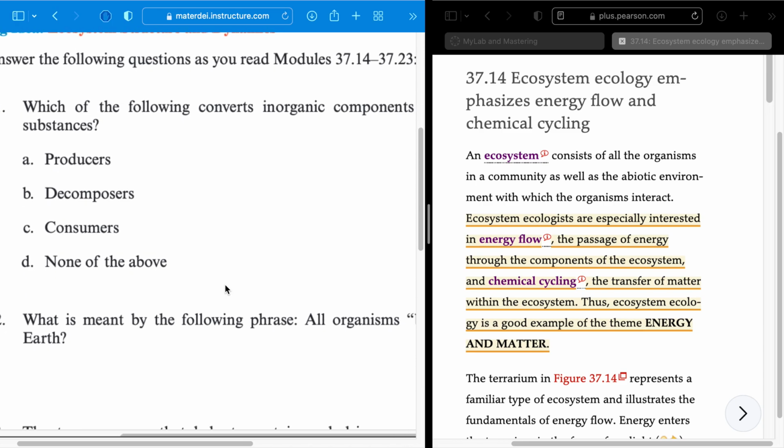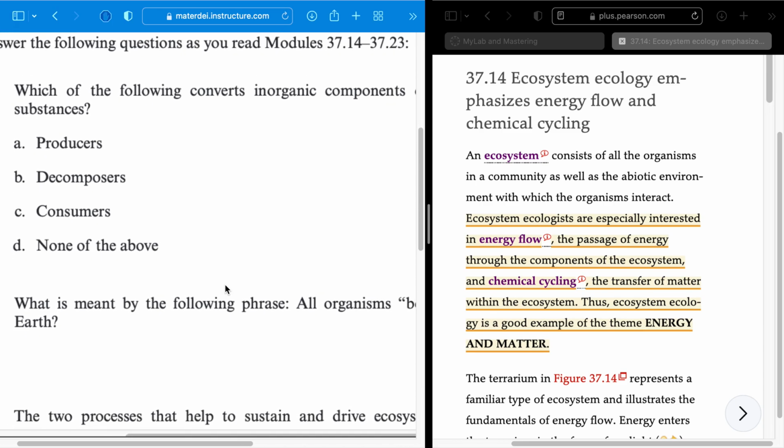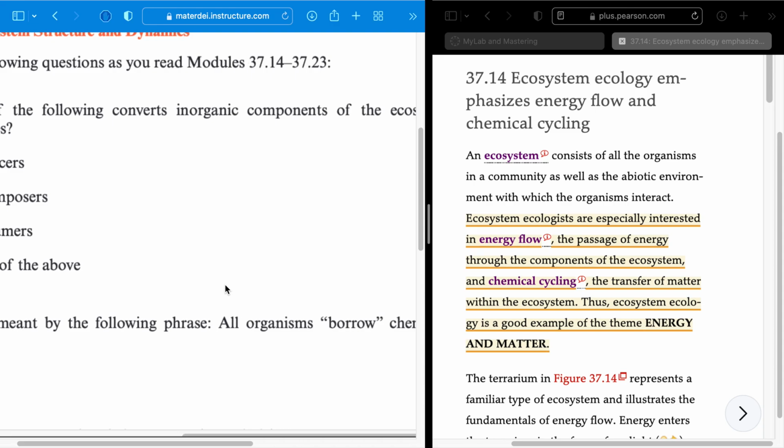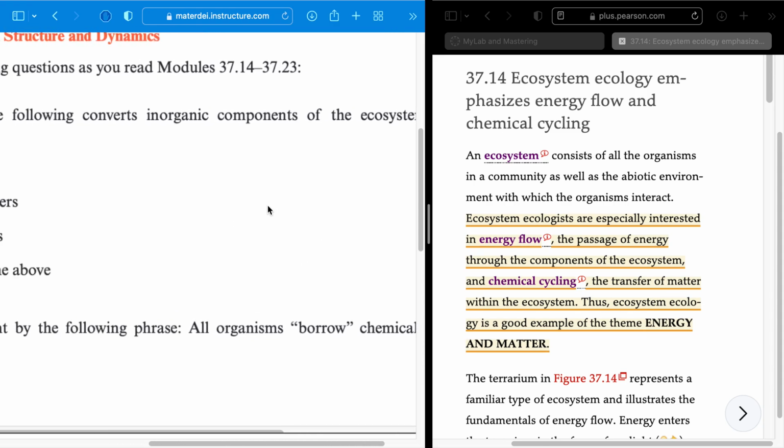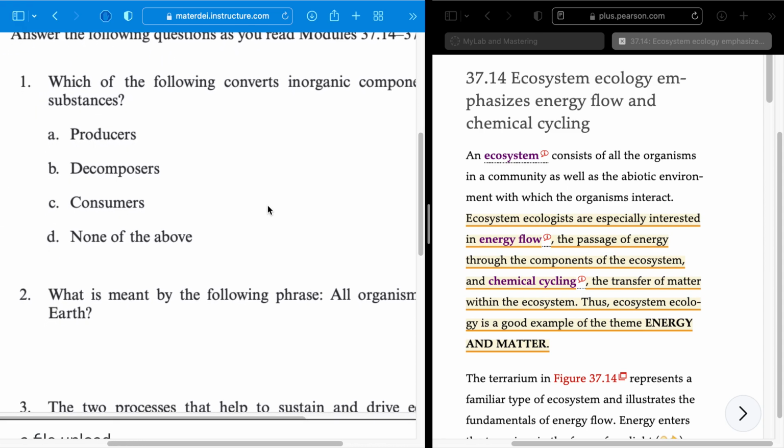We'll do a little bit more here. Which of the following converts inorganic compounds of the ecosystem into organic compounds? We're going to spend some time talking about organic and inorganic.